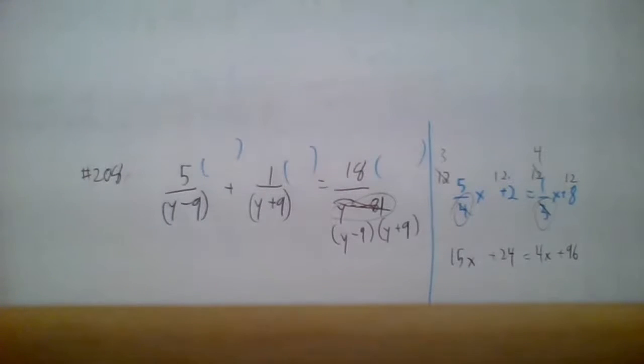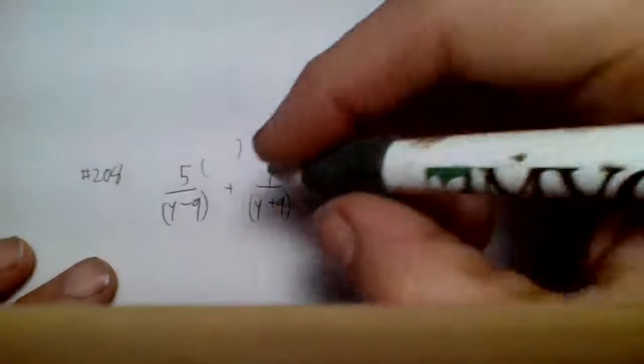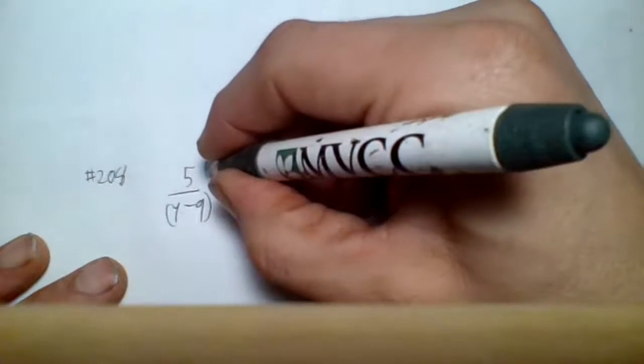Think about the factors that are there. If I want to contain all of these factors, it's got to be y minus 9 and y plus 9. And that does. That's enough to contain all the factors that are in there. Now, I'm not using it as a denominator. Now I'm using it as a multiple. That's what I have to put up here, those two factors.